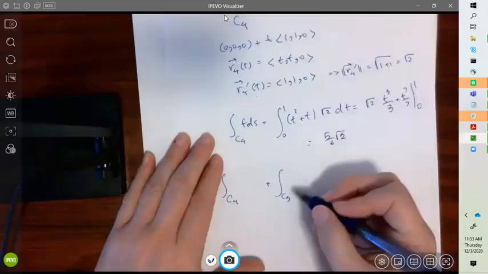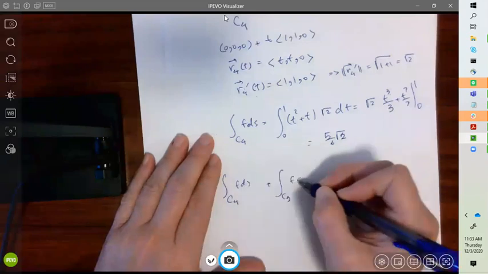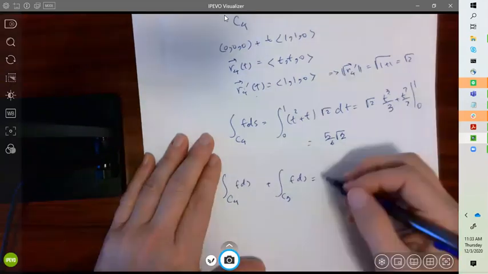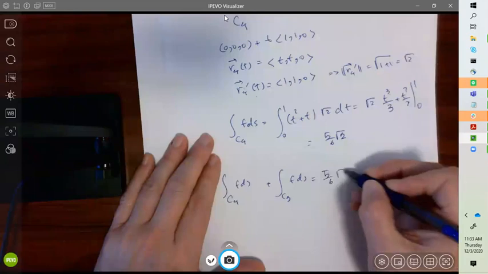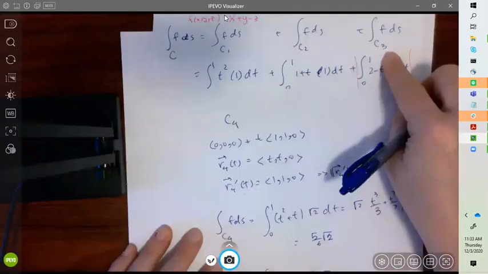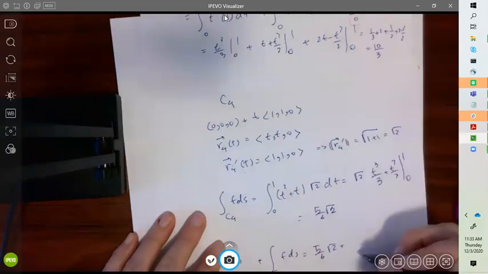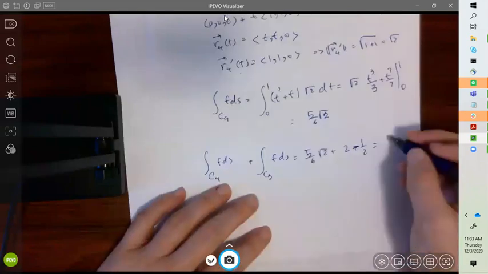So this one I found was 5/6 of square root of 2, and the other one we computed down there to be 2 minus 1/2. And that would be the final answer.